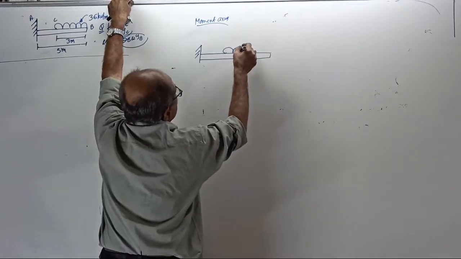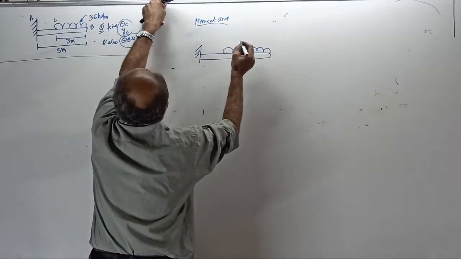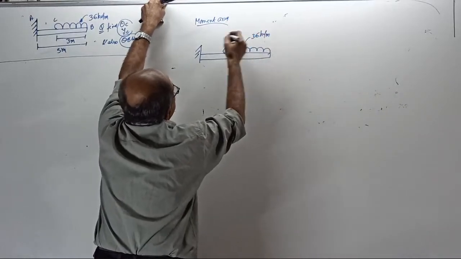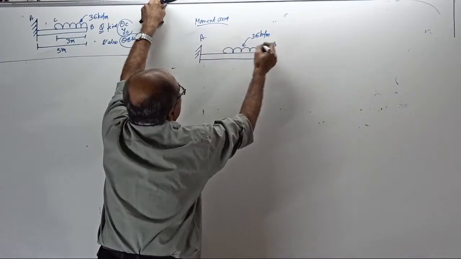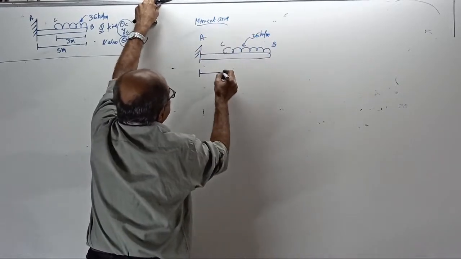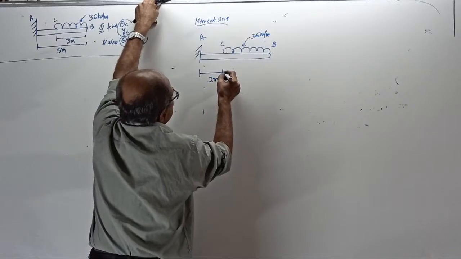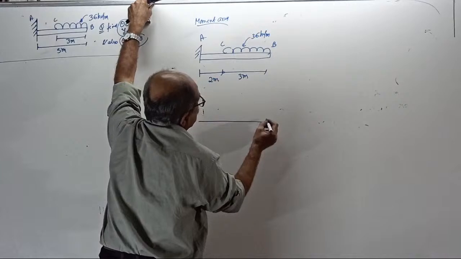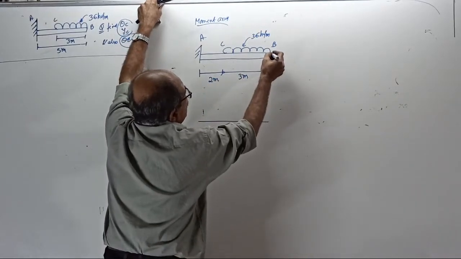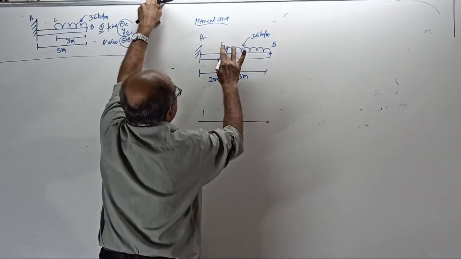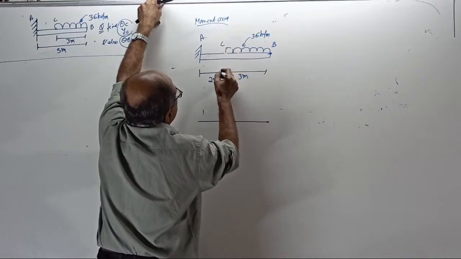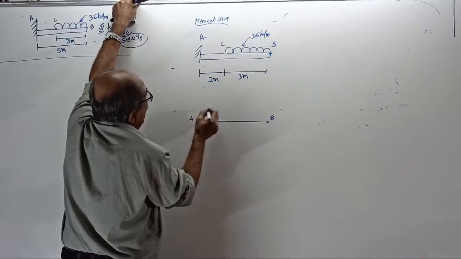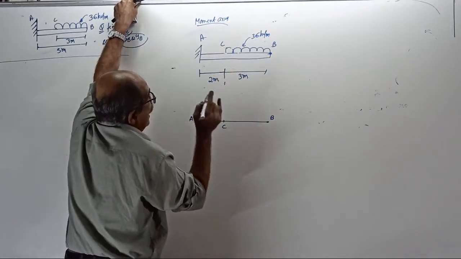UDL is here. It is 36 kilonewton per meter. This is the point A, this is B, this is C. This length is 2 meter, this length is 3 meter, out of scale. Draw the bending moment diagram. Bending moment at B is 0.